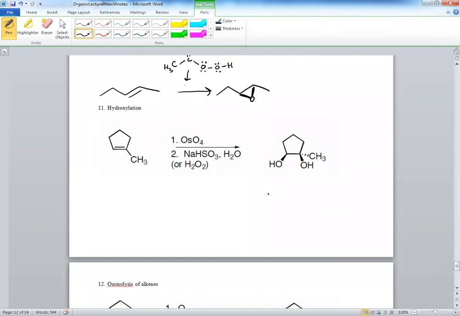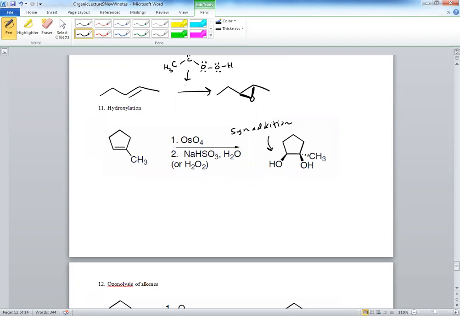Hydroxylation. Hydroxylation is adding two alcohol groups same side to the same side, or this is a syn addition. So you have osmium oxide, and of course you have these other reagents. All of them would give you, again, this is another helpful reaction where we can add two hydroxy groups, alcohol groups, to the same side.